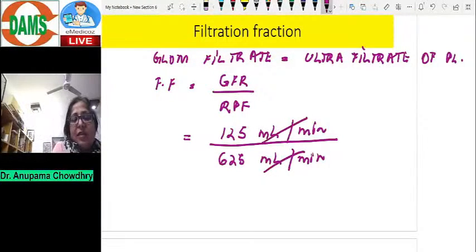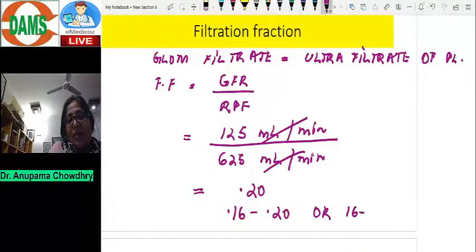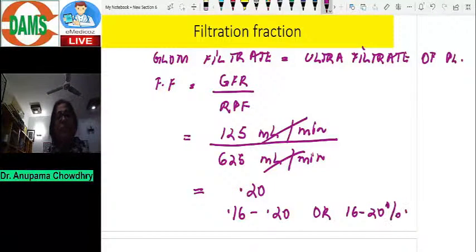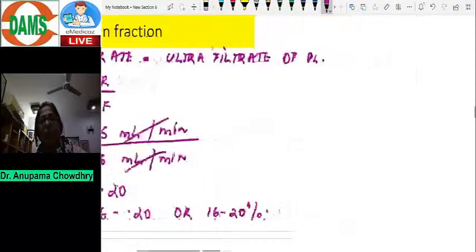If you see this, this is 0.20, or the range is 0.16 to 0.20, or you can write it as 16 to 20%. What does this mean? This means that out of the entire amount of plasma which is flowing into the kidney in unit time, 20% of this is being filtered to form the glomerular filtrate. Range is 16 to 20%.